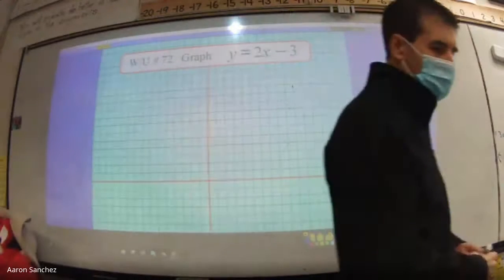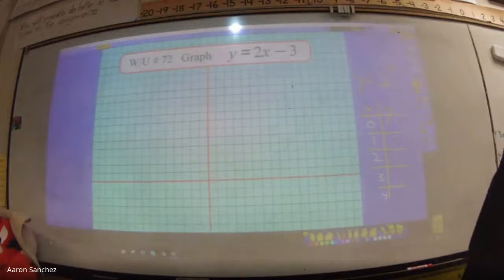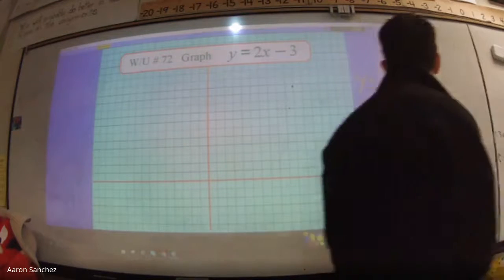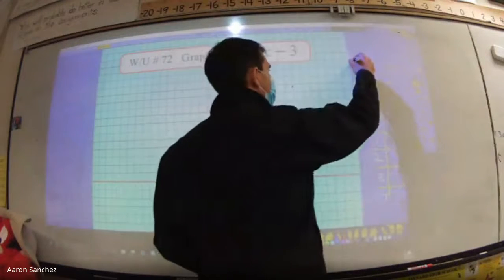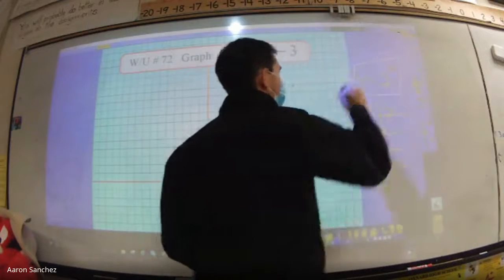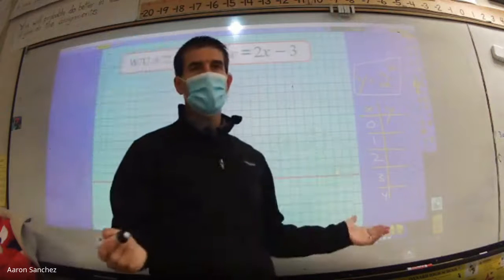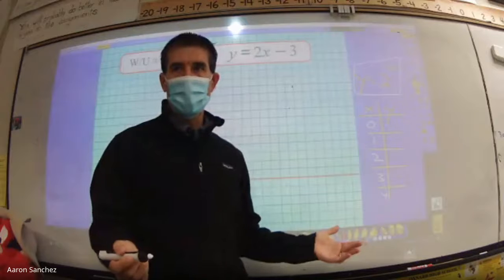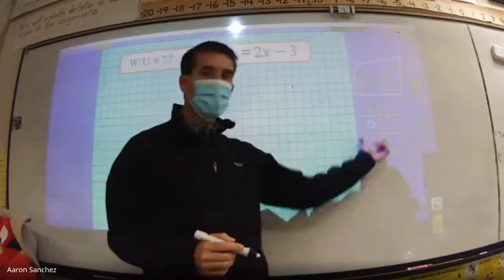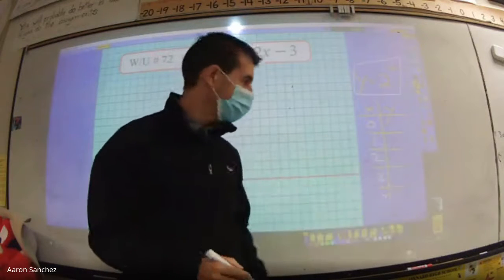Remember, we're going to graph an exponential function. What is this going to look like as a graph? If we plot these points, we should get a good idea of what it's going to look like, okay? So, you guys have all these written out? 0, 1, 2, 3, 4.